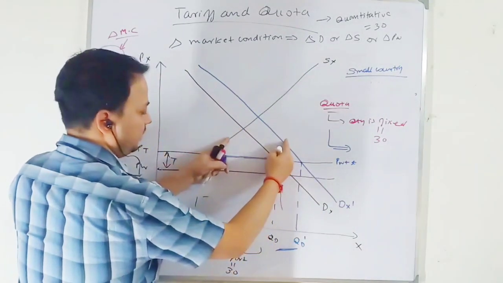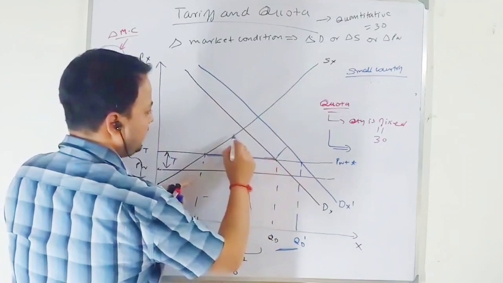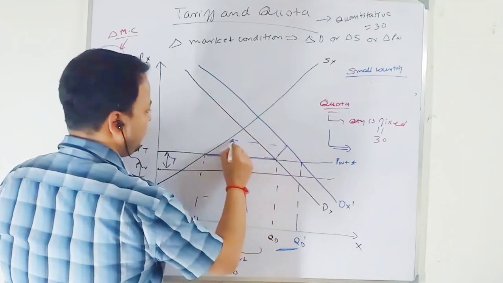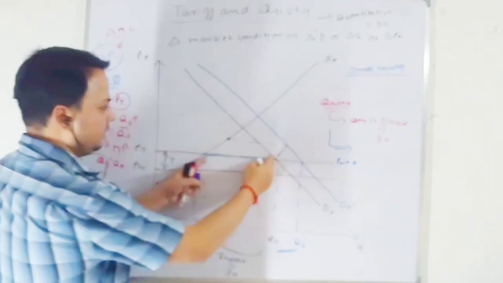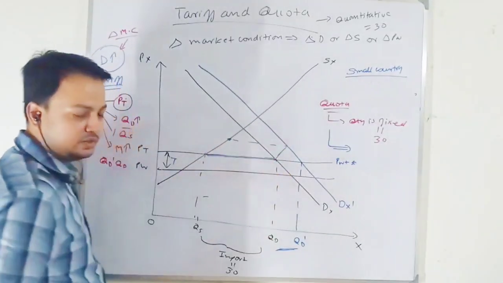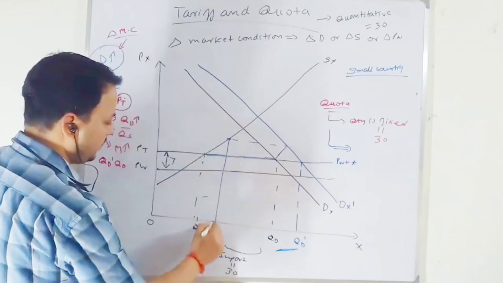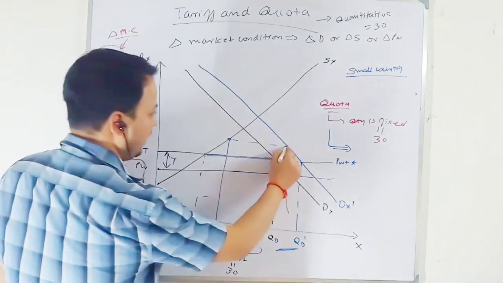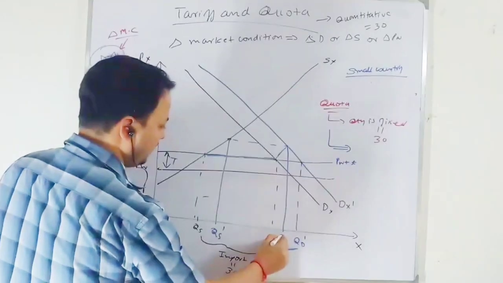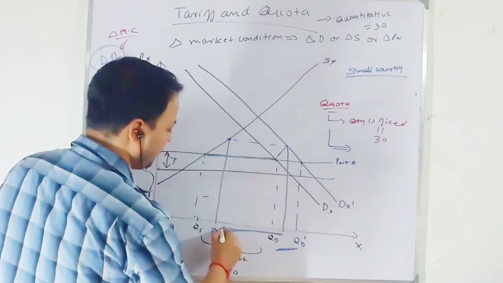I am taking it up here. This distance will remain the same. So I will look at supply. This is the point of domestic supply. This distance is the same as this distance. So domestic supply will increase to QS prime. And this much is the amount of import, 30 units.